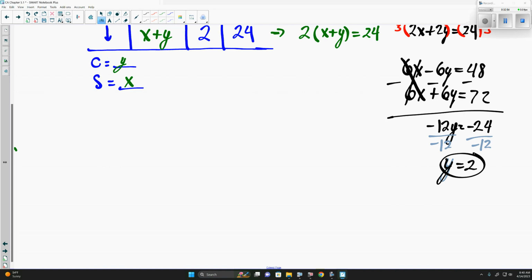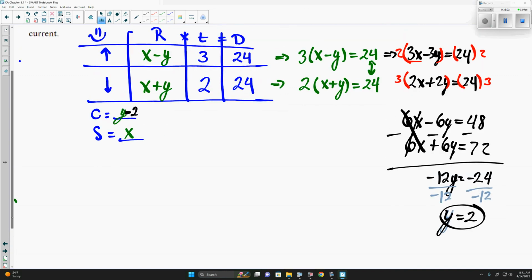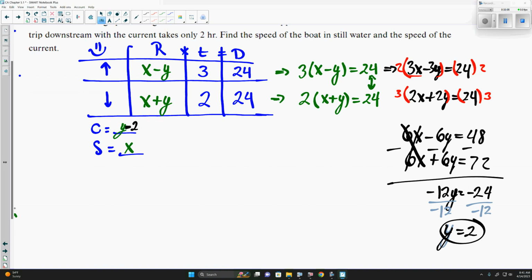So the current is 2 miles an hour. Now we need to pick one of the two equations to use to solve from here. Really doesn't matter which one we pick.